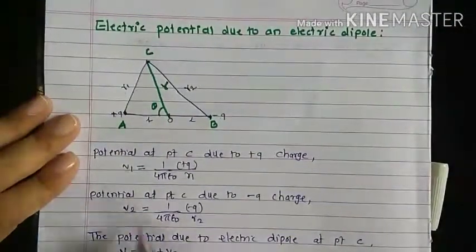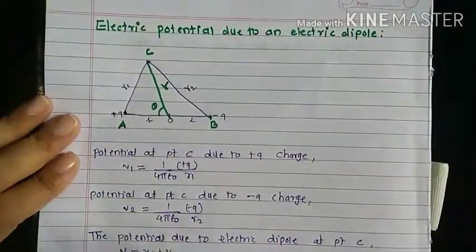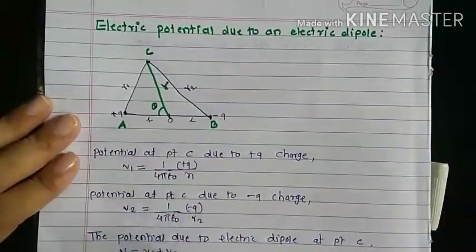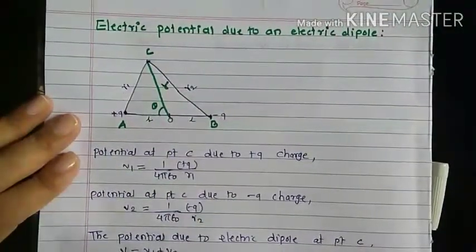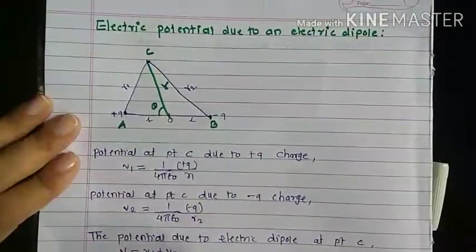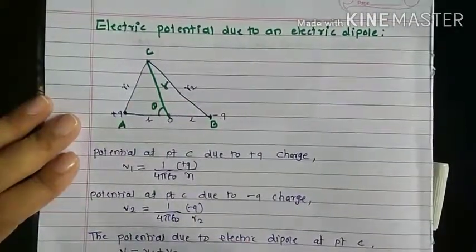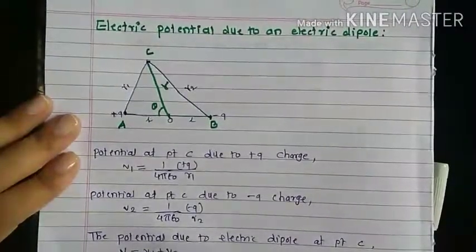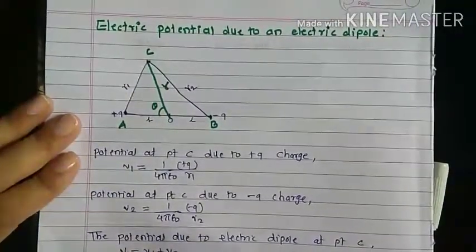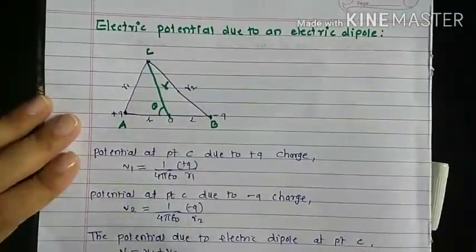We know the values of V1 and V2, therefore V is equal to 1 upon 4 pi epsilon naught Q upon R1, and here is a minus sign, 1 upon 4 pi epsilon naught Q upon R2.